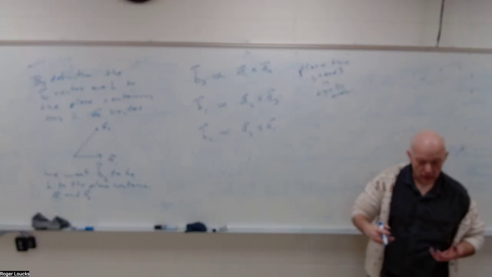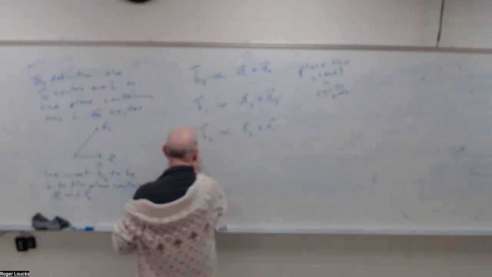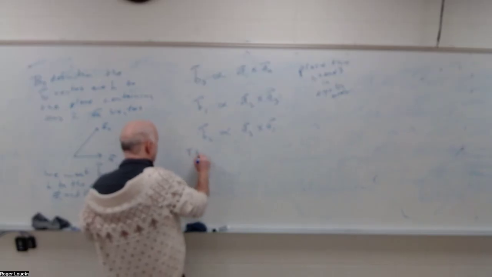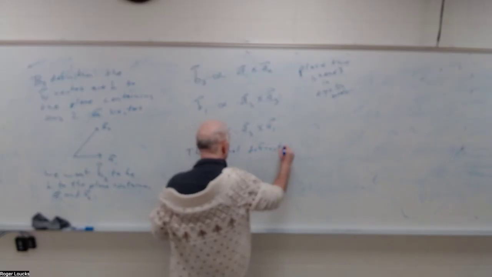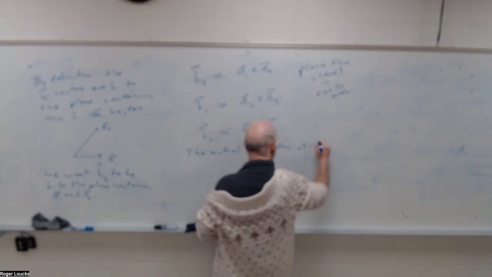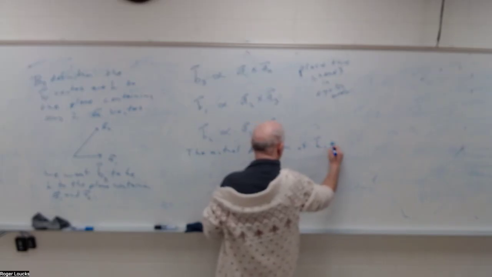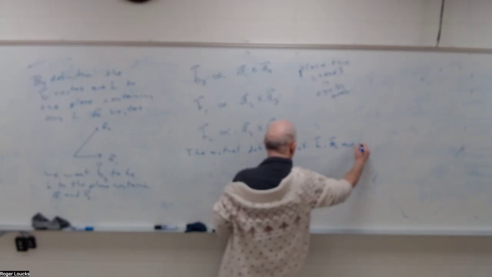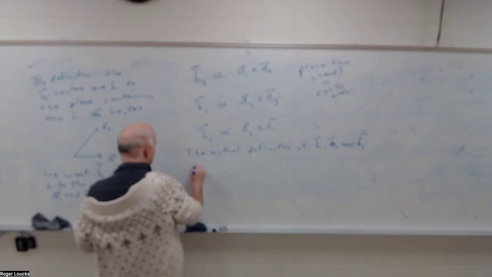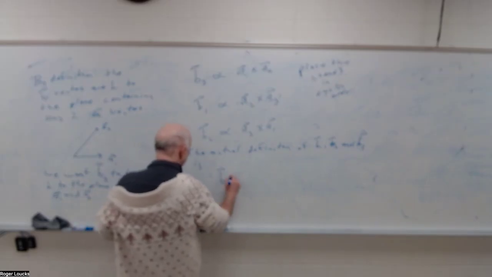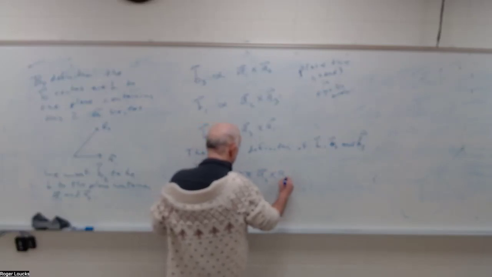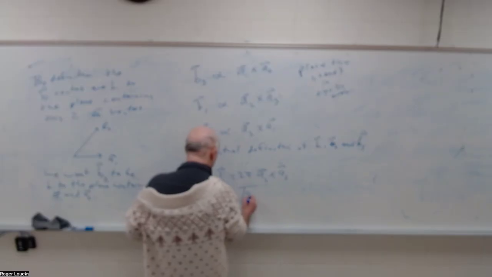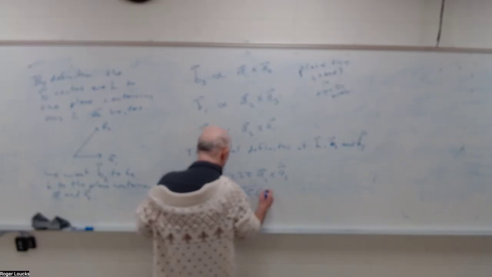Okay. Now, what are we going to do? The actual definitions of B1, B2, B3: I'm going to say that B1 is going to be 2 pi times A2 cross A3 over the magnitude of A1 dot A2 cross A3.